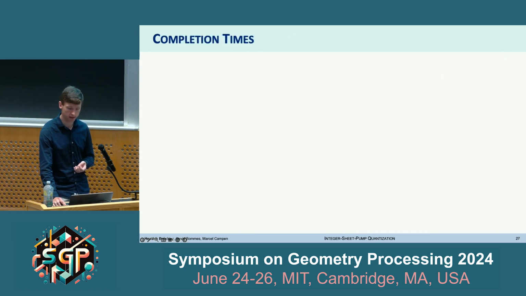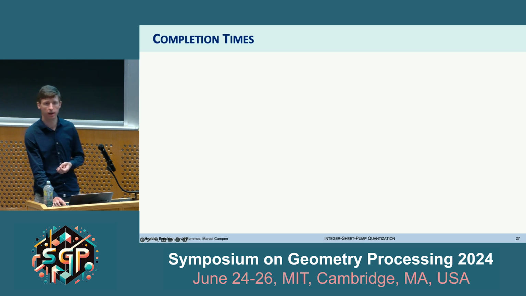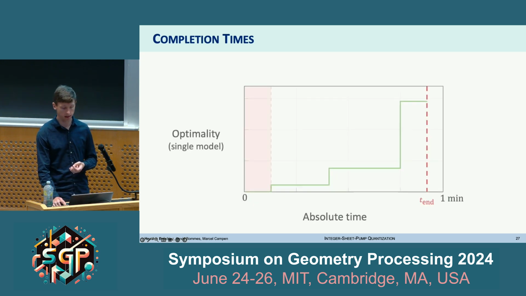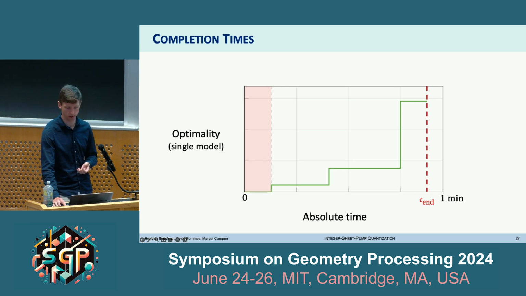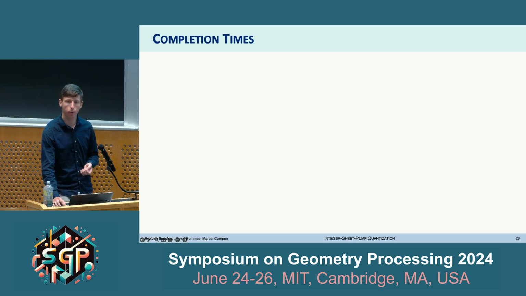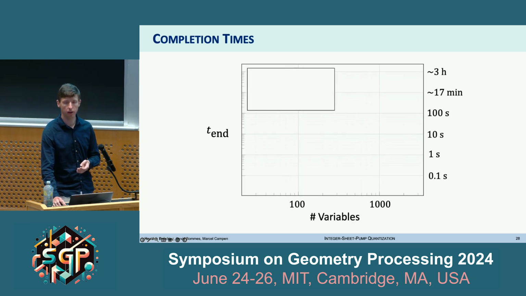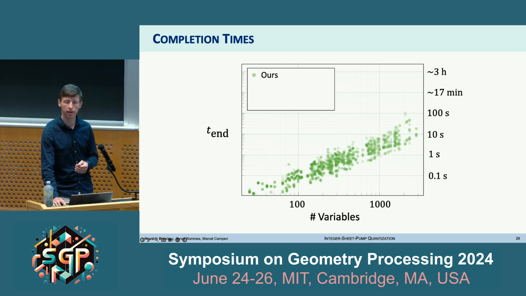For the final analysis, we also want to compare termination times of the algorithm. In this aspect, integer solvers are usually notoriously hard to predict. So we look at the termination times as a function of input complexity represented by the number of variables of our problem. Our method shows nice behavior, never takes more than 100 seconds to finish on any instance, and exhibits a low maximum spread.